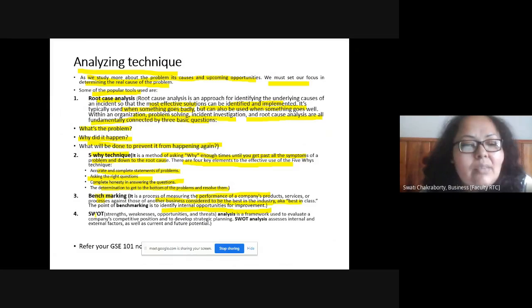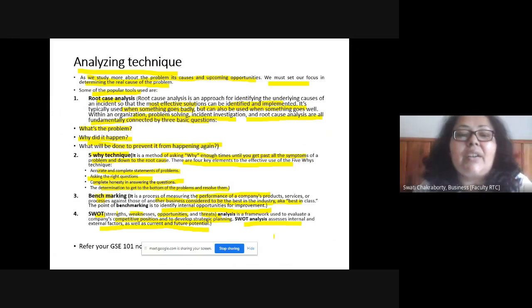The last method that we have is SWOT, where S stands for strengths, W for weaknesses, O for opportunities, and T for threats. It's a framework which is used to analyze a company's competitive position and to develop strategic planning. It assesses the internal and external factors, as well as the current and future potential.